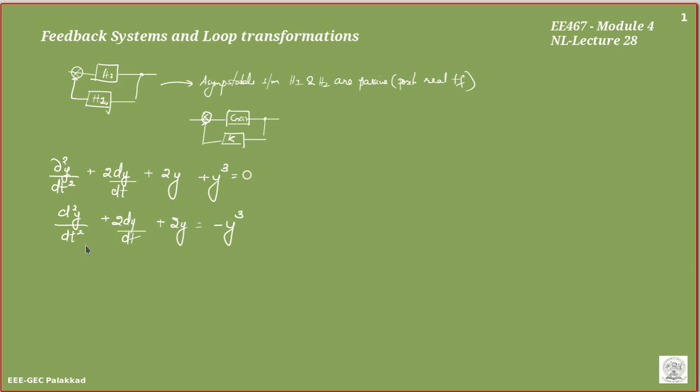Take minus y cubed as equal to u. I have taken minus y cubed into a variable u, so that we will not have to deal with this nonlinear part suddenly, and so that we can take the Laplace transform of this system.